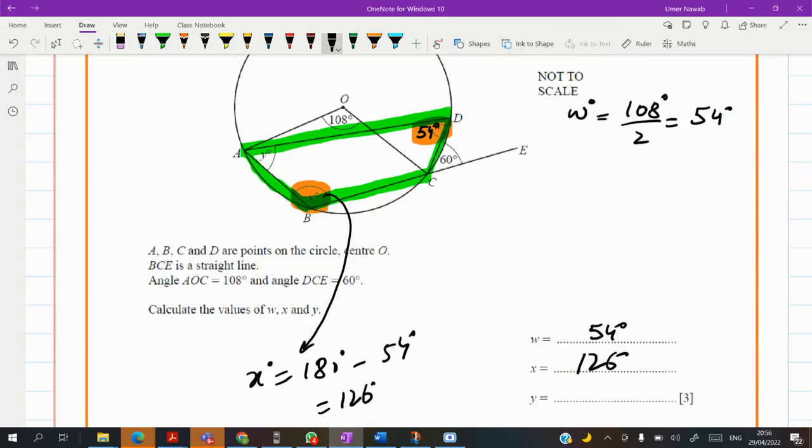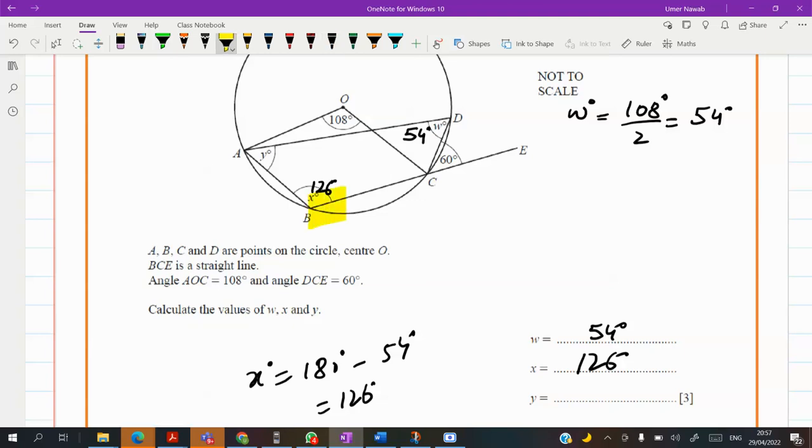Now, after doing this, we want to find y as well. Let me erase. This was 54, and we found 126. Guys, you can see there is a straight line. BCE is a straight line, and CD is making an angle with CE, which is 60 degrees.